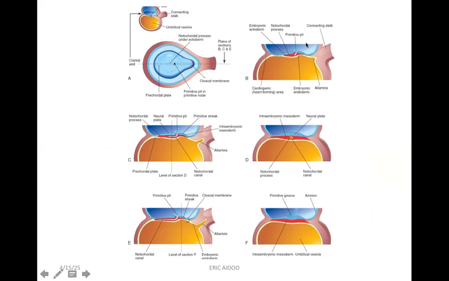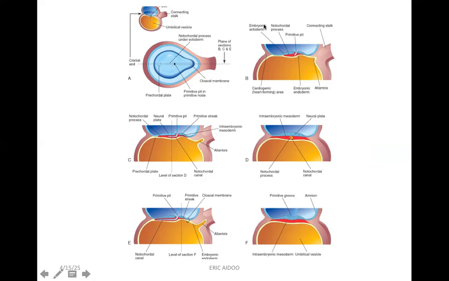So this is what we are going to see as a primitive pit. That's the notochordal process. Remember, it's a mesodermal structure, because the cells fell between the epiblast and hypoblast. But because it fell right directly below the groove, it assumes a different name, notochord.